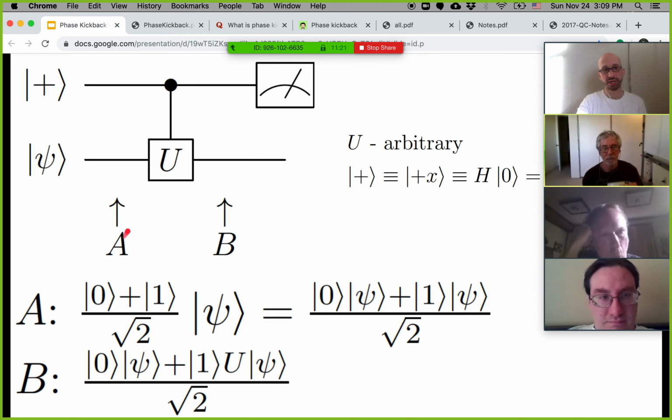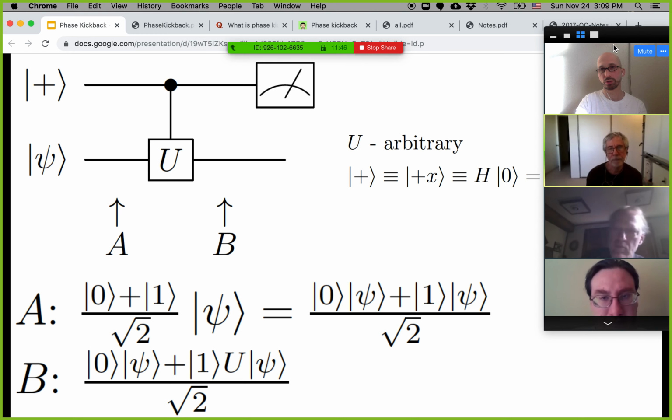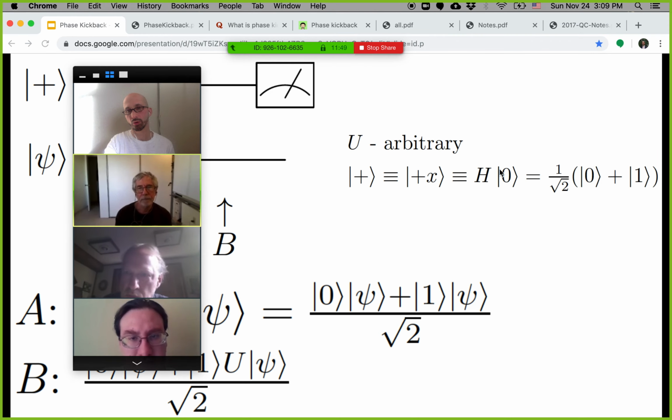So at point A in time, we are in the state plus, psi. Plus is also known as plus x, or this is just an equal superposition of 0 and 1.